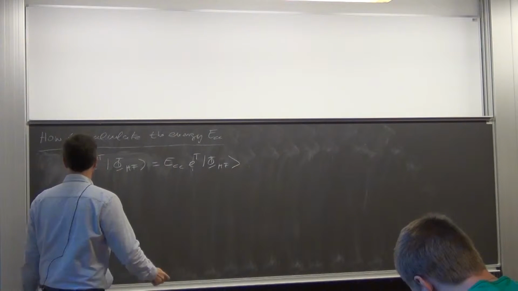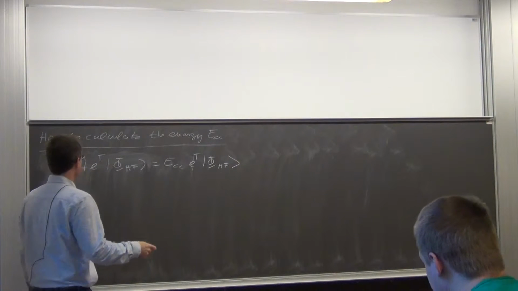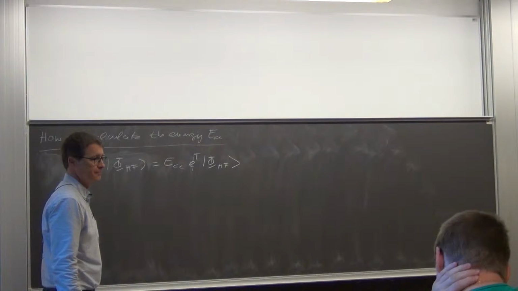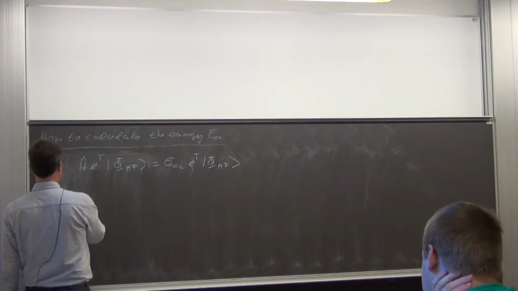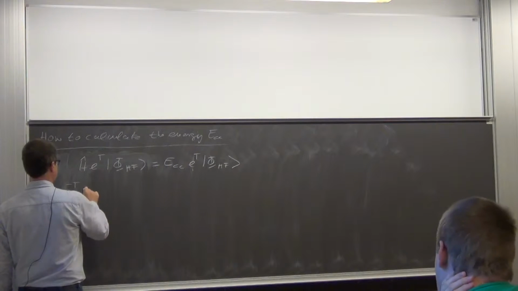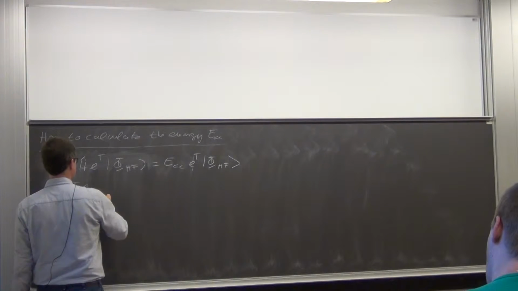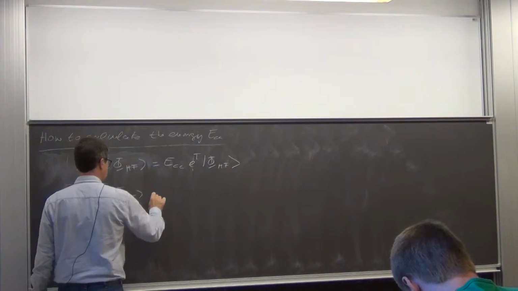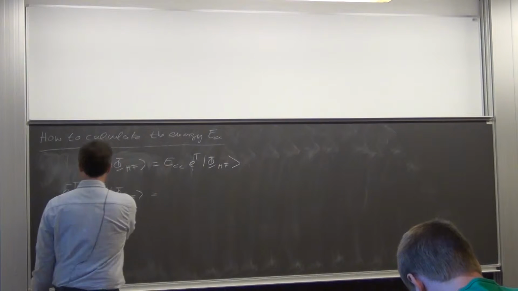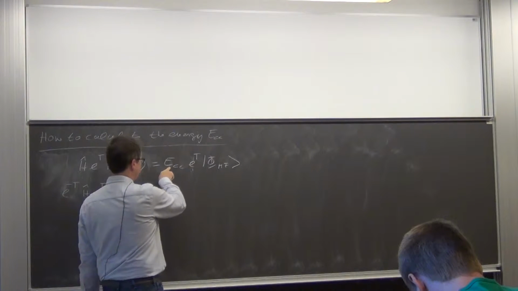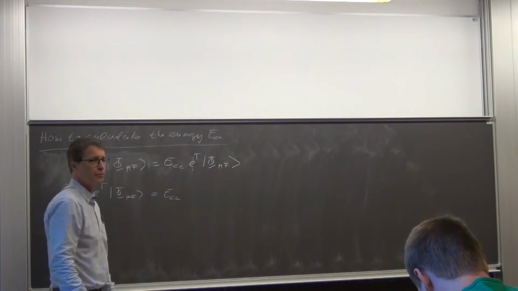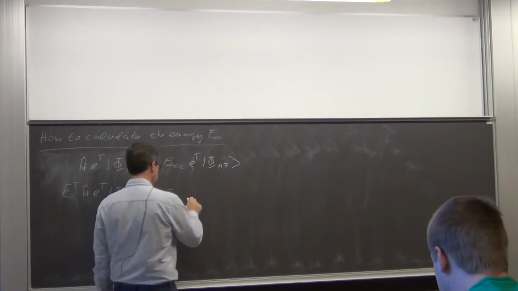So what I do now is I pre-multiply the whole equation with e to the minus T from the left. So I look at this equation, so I get e to the minus T H e to the T. And then e to the minus T, that's an operator, that's a number, so I definitely can move that past that number.